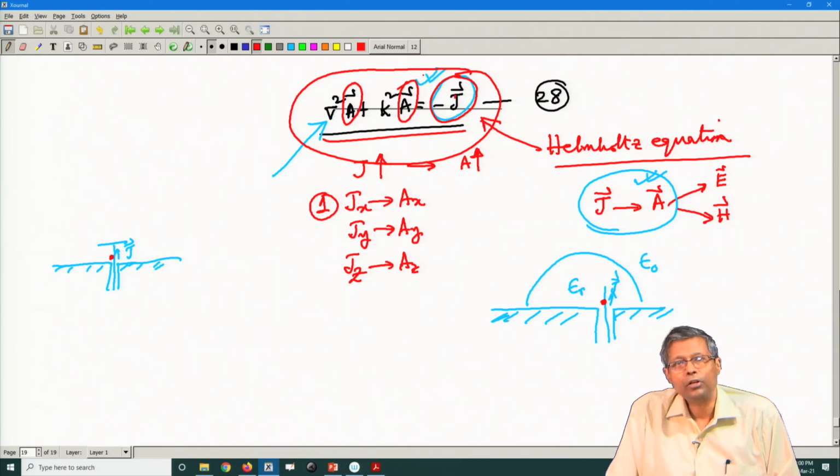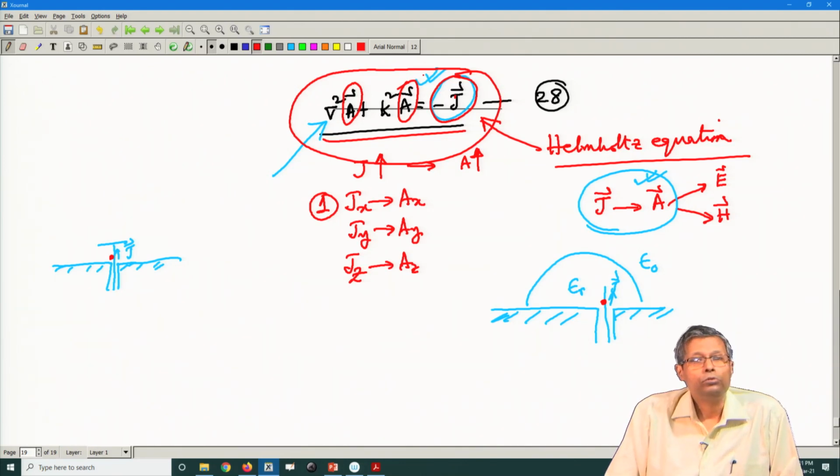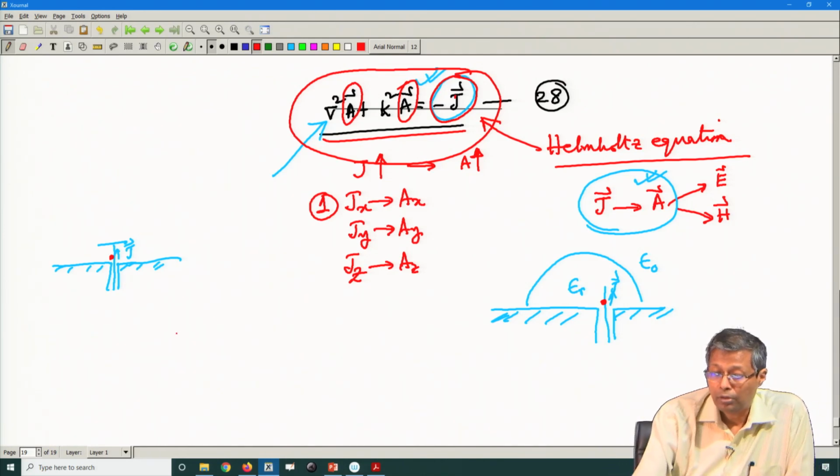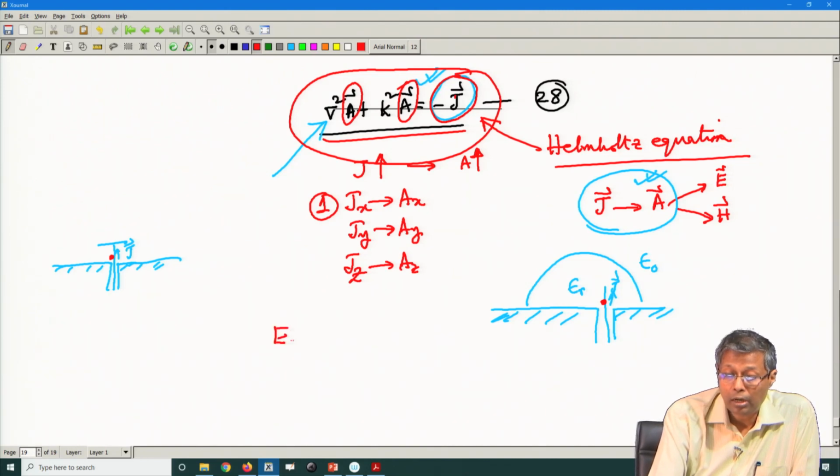Once that Green's function corresponding to the vector potential A is obtained, we can apply the Pocklington's integral, as we said before, to find out the fields, which here will be E z I plus double integral G j z E z j z d s prime equal to 0.